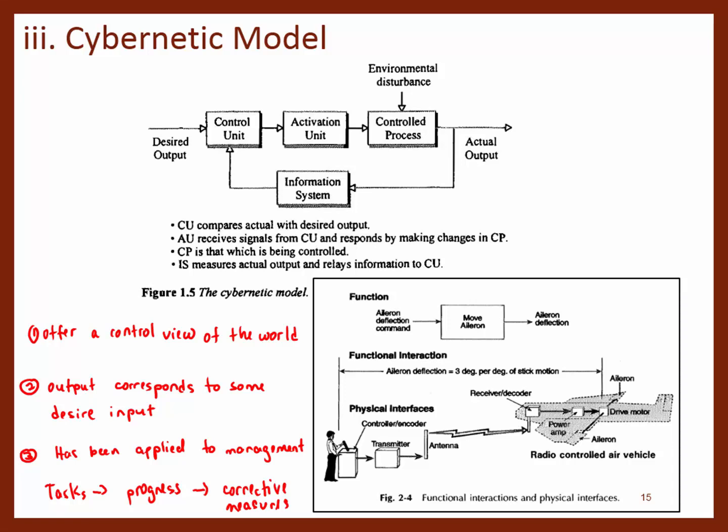We have a desired output in mind, and we are providing tasks, and then we are providing corrective action until that is achieved. Another example: let's say we have a control unit, activation unit, control process, and some information system going on.